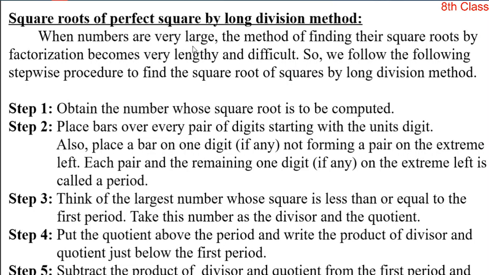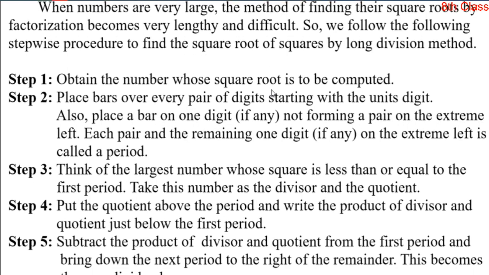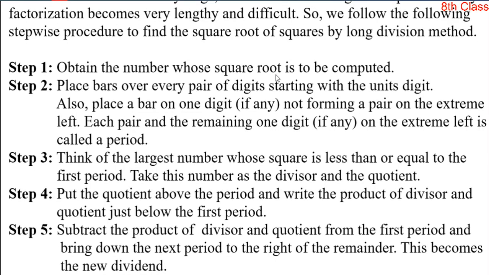So when the numbers are very large, the method of finding the square roots by factorization becomes very lengthy and difficult. So we follow the following stepwise procedure to find the square root of squares by long division method. First, observe the steps. Obtain the number whose square root is to be computed.